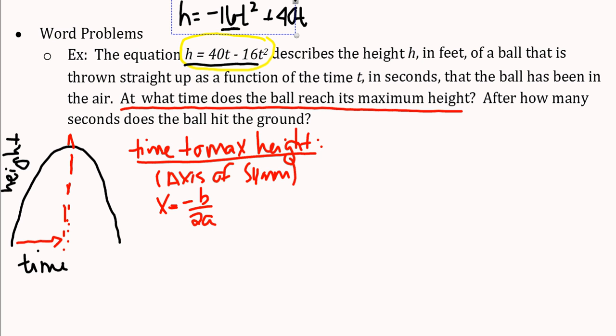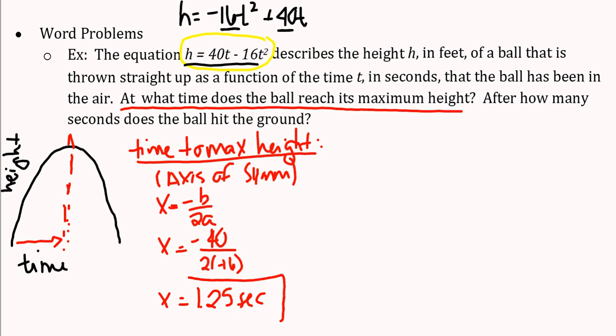I can see a is negative 16 and b is 40. So we can plug those into my equation for the axis of symmetry. So this is going to be negative 40 over 2 times negative 16. So negative 40 over negative 32, which is going to reduce to 1.25 seconds.